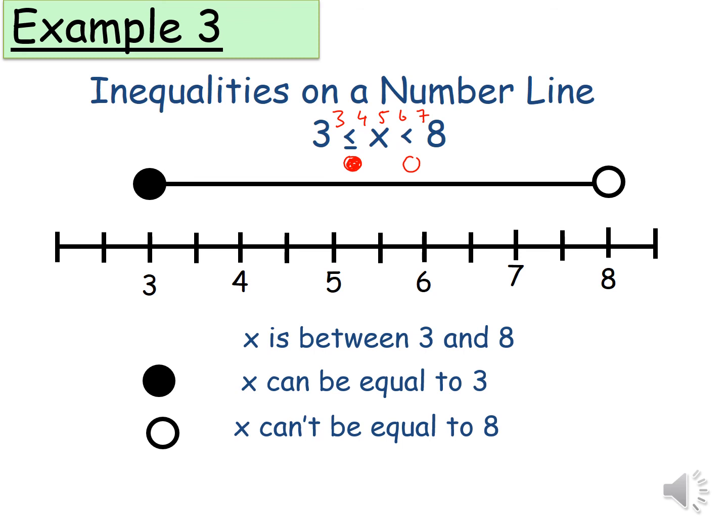That is how I represent this inequality on a number line. Again, with your ruler and your pencil, draw out the number line, copy out the inequality, and then draw the representation, and write these steps as well to make sure when you do the main task that you can follow these steps.